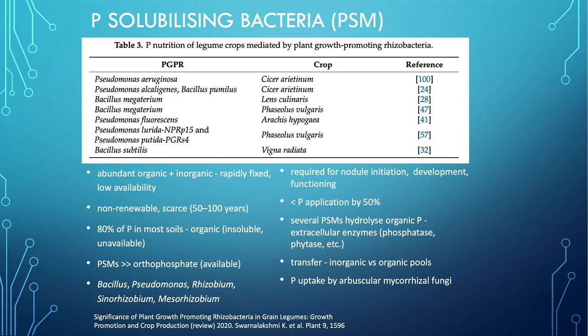So they can either add this phosphate to be mobilized or release it where it becomes available to the plant. So phosphate uptake by arbuscular mycorrhizal fungi is also possible, and arbuscular mycorrhizal fungi actually play a huge role in agricultural and other systems where they make phosphate available to plants.